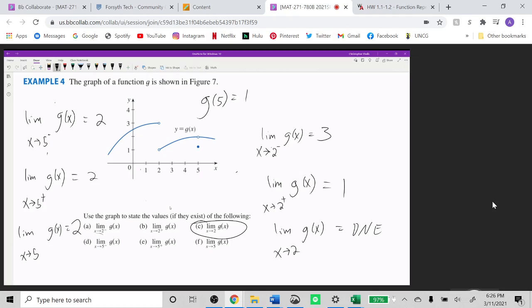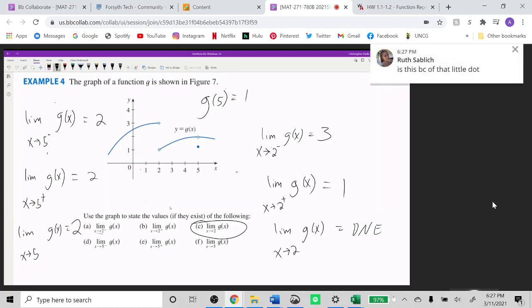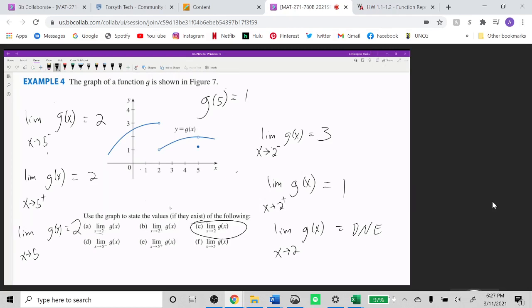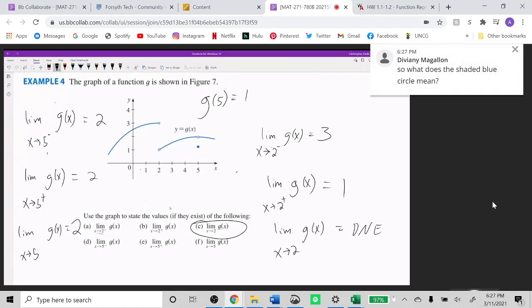The point of this is to say that the limit of a function as that function approaches a certain value is not necessarily the same as its function value at that x value. Because g of 5 is not the same in this case as the limit of g of x as x approaches 5, is it? Yes, it's because of the dot. It's because there's a hole at g of 5 in this curve.